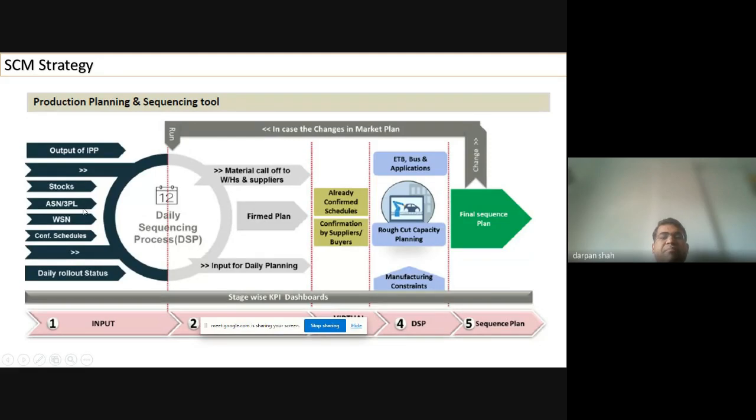It is basically all the stocks and availability of material, and based on that input we have production plan preparation and automated information flow to suppliers. Then, considering all the supplier related parameters, the final production sequence is prepared. This is called the production planning, scheduling and sequencing tool, and it is an input to the supply chain.